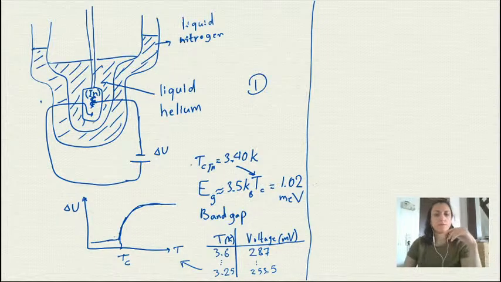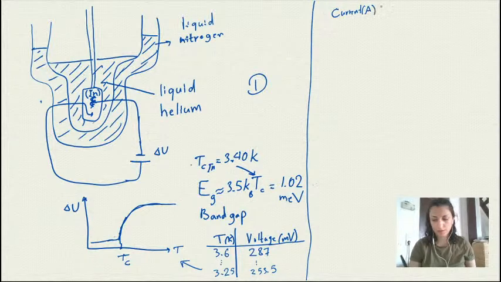So what did we do? We have several data. It's not exactly the same as this one. For temperature, we have current, which is based on the ampere data that we got.